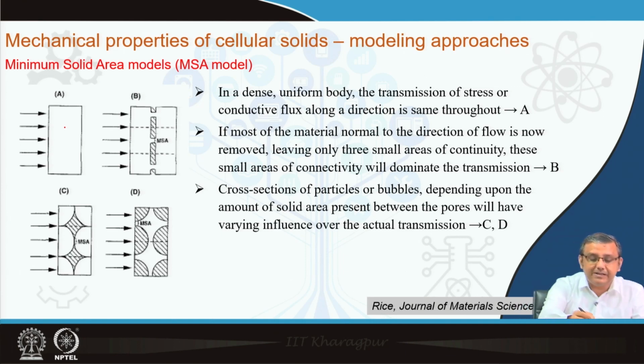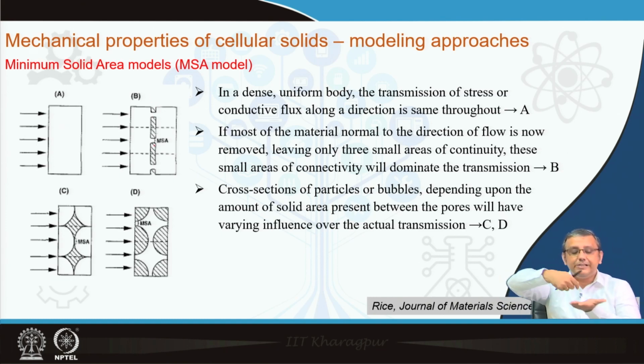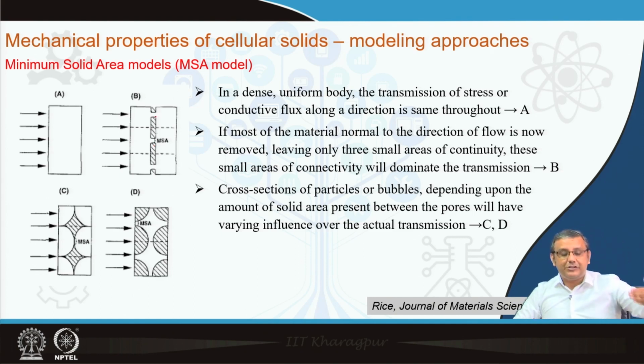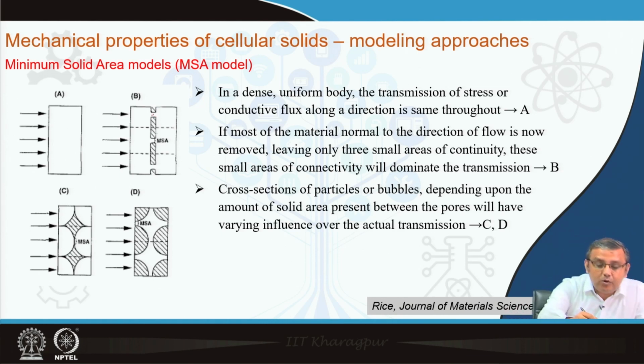But in case of B, for example, if we assume that there is a plane along which most of the material has been removed, these hatched areas show the regions where we have pores, and only those regions like these areas are where we have continuity between this side and this side.